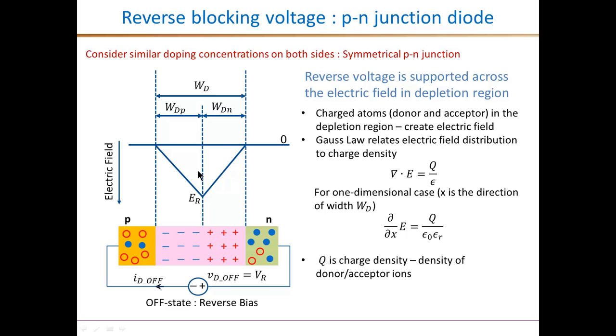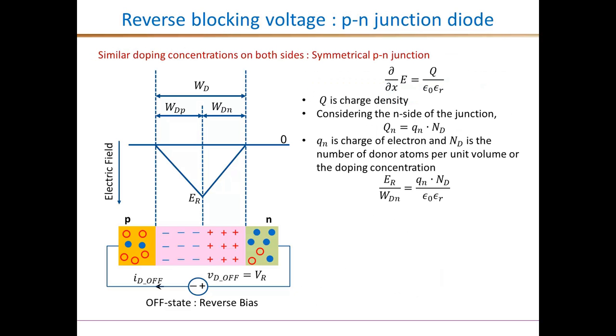We can get the electric field as a solution to this one-dimensional Gauss equation, plotted as shown here. Clearly, the electric field is maximum right at the junction, and it is 0 on both edges of the depletion region.